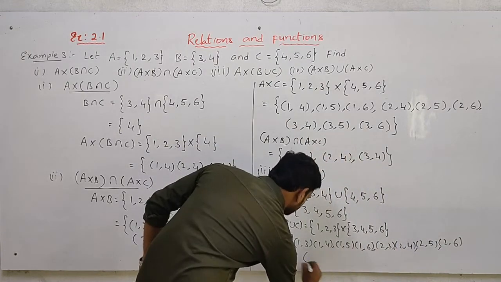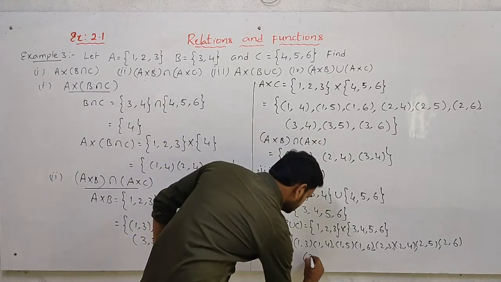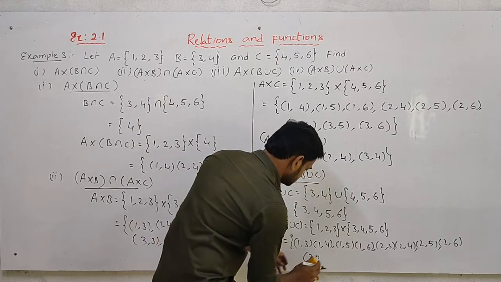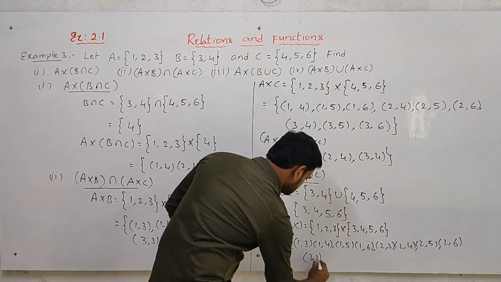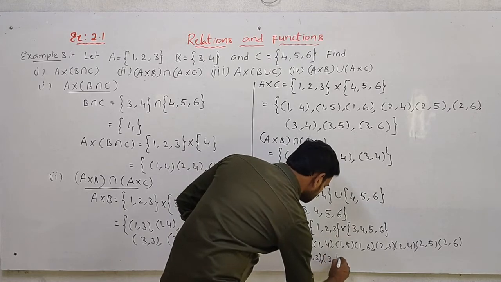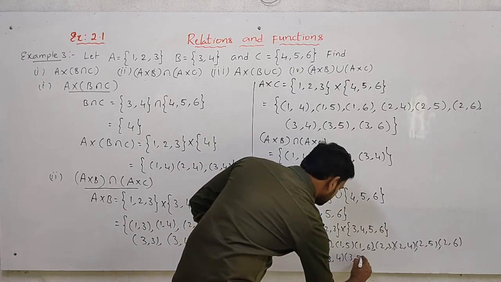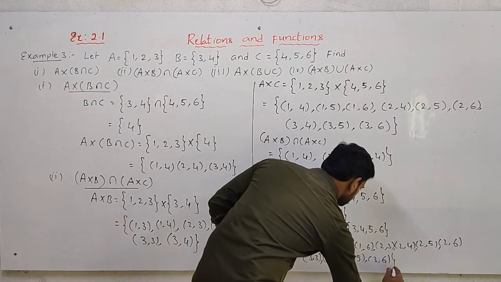Next, after that, 3 with 3: (3, 3), (3, 4), (3, 5), and finally (3, 6).